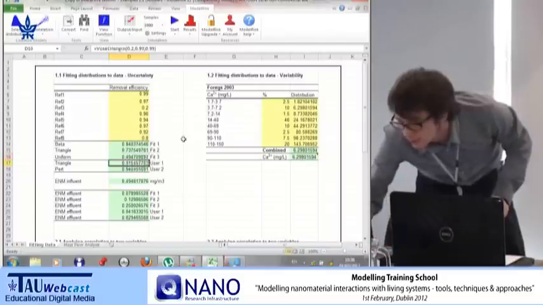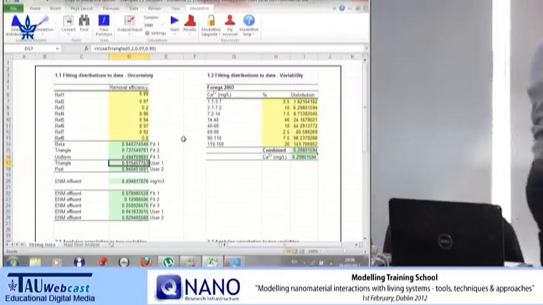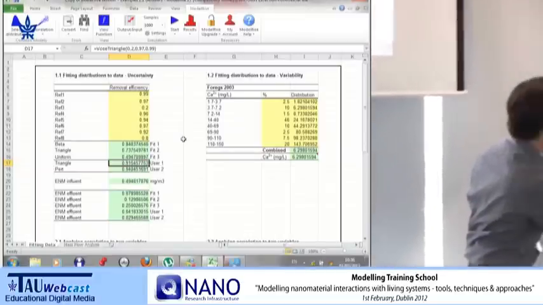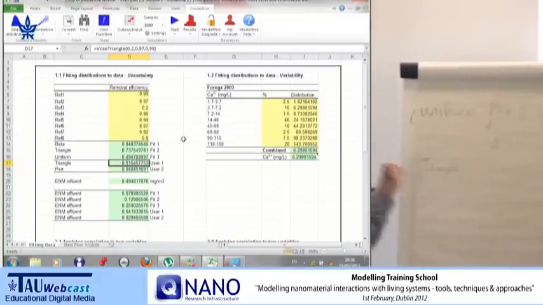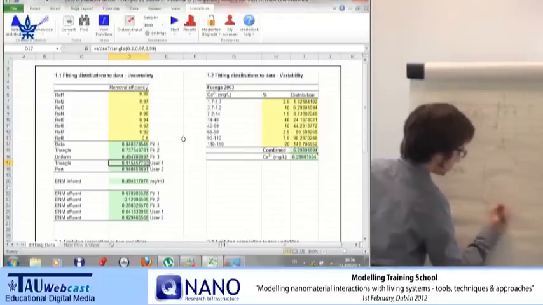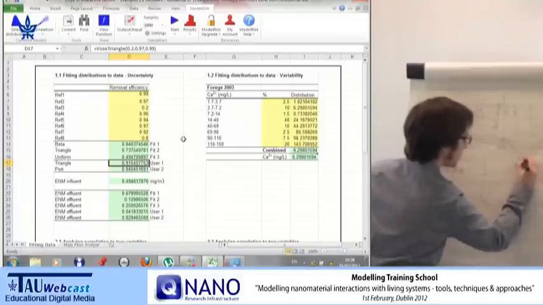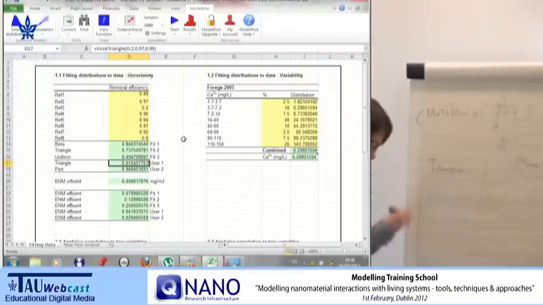We can also use a triangle. For this, you say VoseTriangle. For a triangle, you have a min, most likely, and a max.